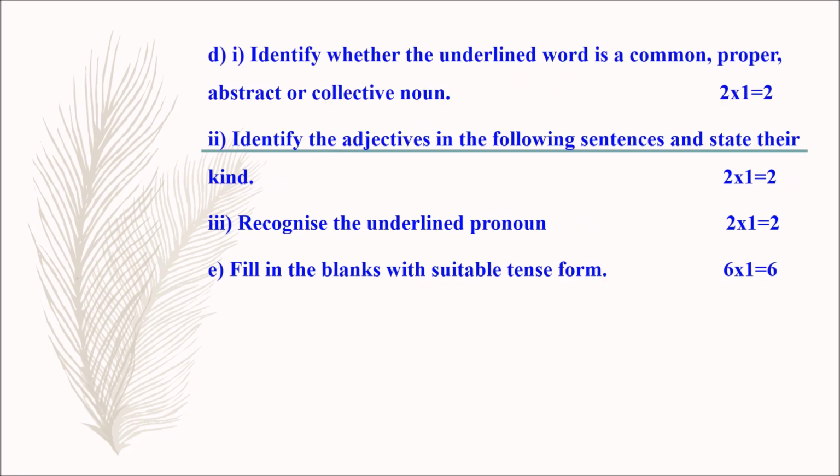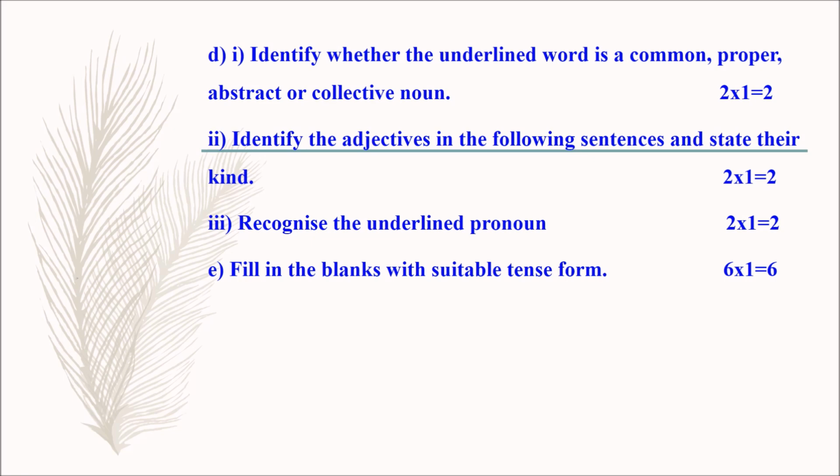Next one is identify whether the underlined word is a common, proper, abstract or collective noun. Here you will get 2 questions. Each question carries 1 mark. So totally 2 marks. Next one is identify the adjectives in the following sentences and state their kind.